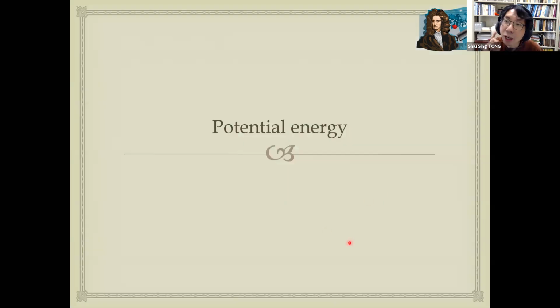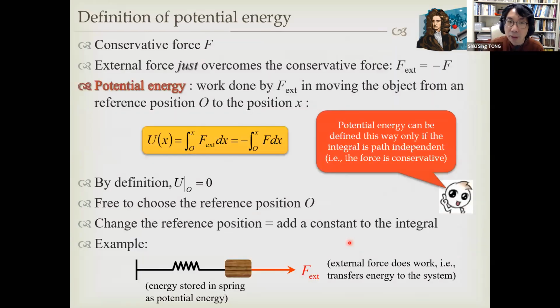Now, having defined the conservative force, we are ready to define potential energy. In order to define the potential energy, you first have to have a conservative force. Potential energy can only be defined for a conservative force. If the force is not conservative, then you cannot define potential energy.